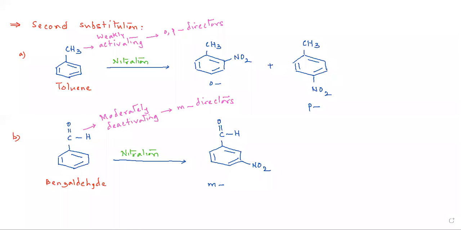So this is all about second substitution, which in fact tells us where the substitution occurs depending on the group that is already present, depending on whether the group which is already present is activating or deactivating. Okay.